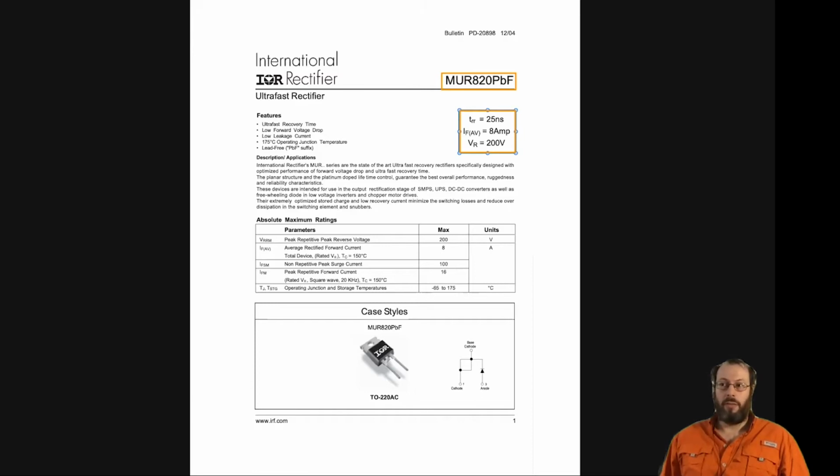One is the average forward conducting current it can withstand, which is 8 amperes in this case, and then it can block a reverse voltage of 200 volts. We'll get back to the reverse recovery time of 25 nanoseconds in a moment. The absolute maximum ratings are specified on the first page, which is a typical thing to find on most datasheets.